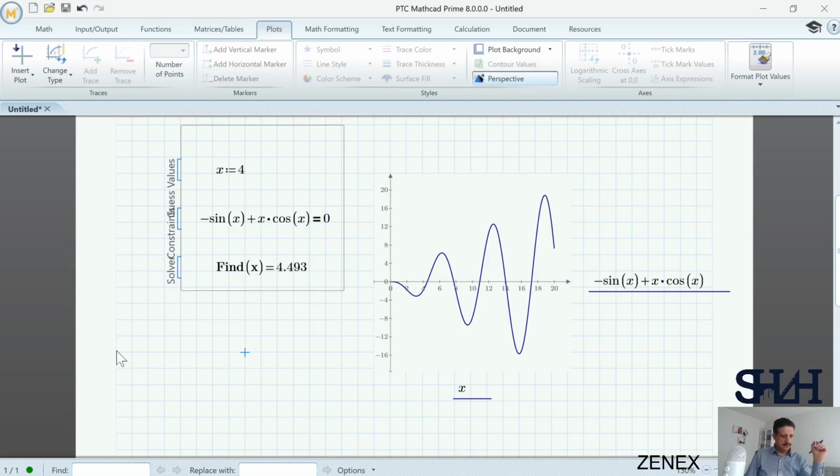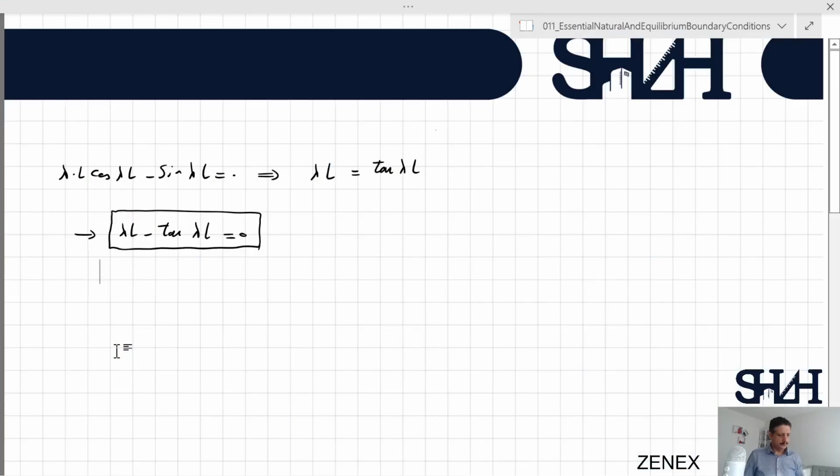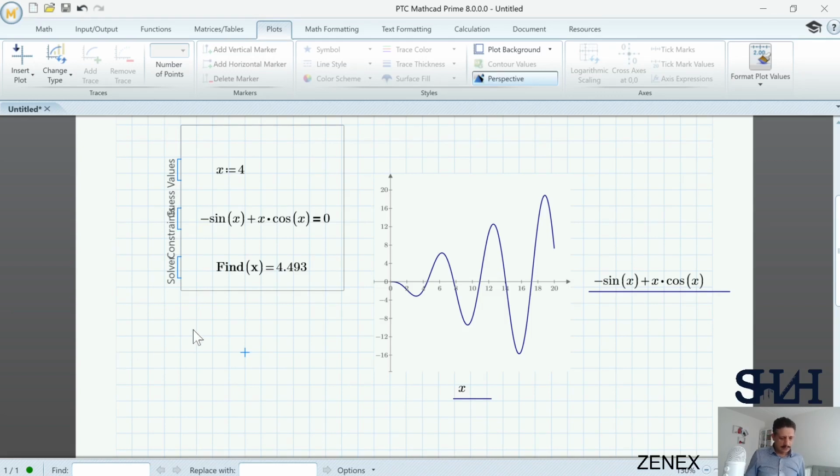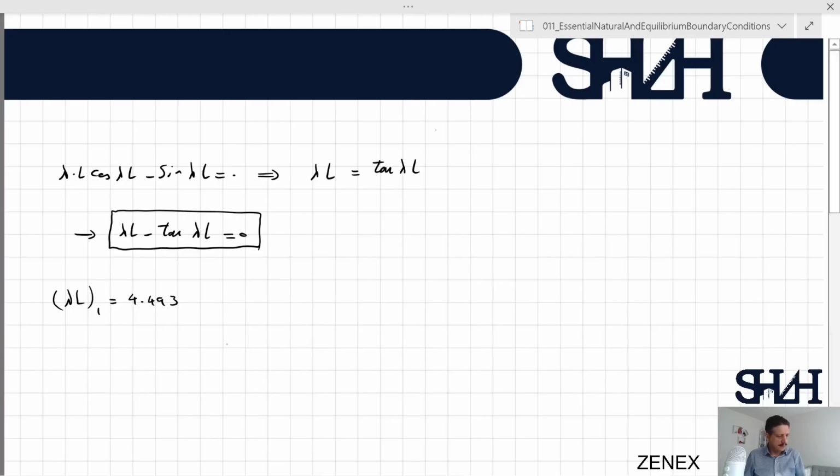So I can write it down. Lambda L1 will be 4.493. If you are interested in the second mode, it's very close to 8, so I can change the guess value to 8. It is 7.725. And so on. And from the first one, I can find out what is the buckling load.